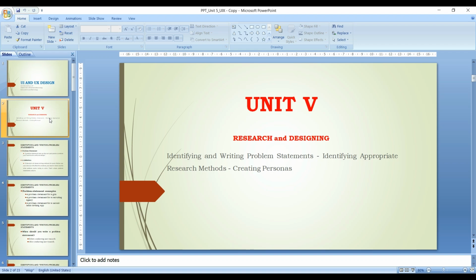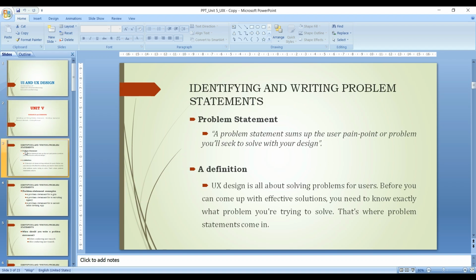So now we are going to see how we can identify and write the problem statements in this UX research. First, we have to write a problem statement for the particular topic, or for an advertisement, whatever it is. A problem statement has to sum up the user pain point or problem that we seek to solve for the user.